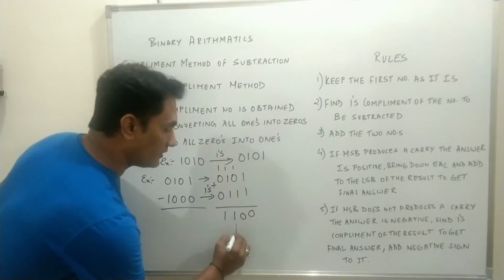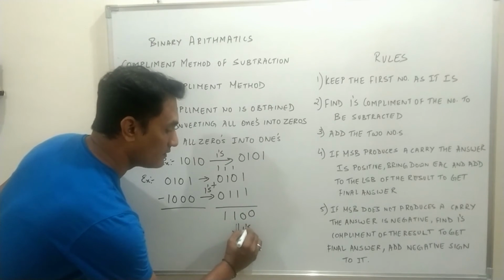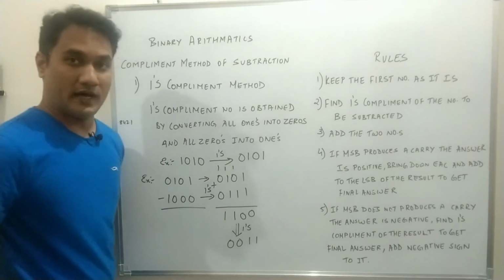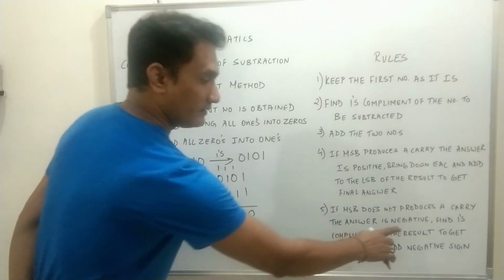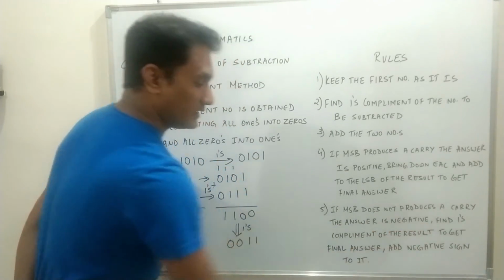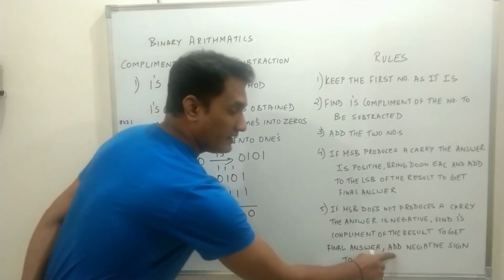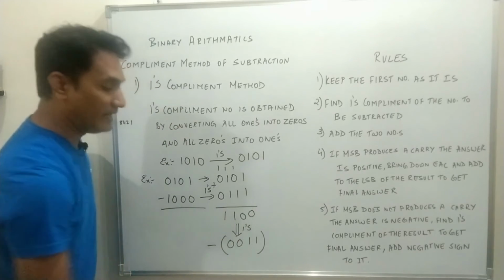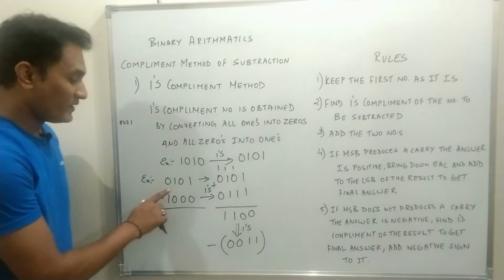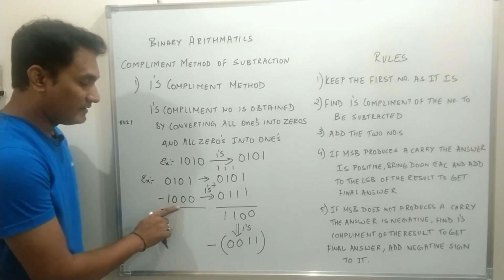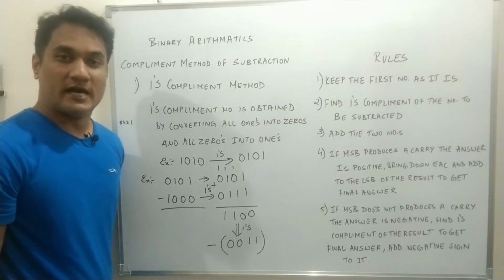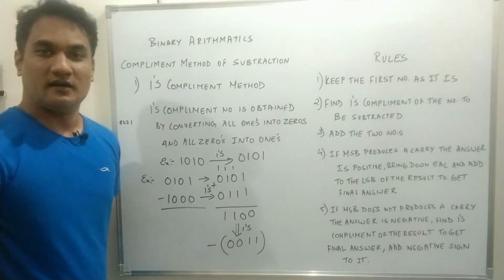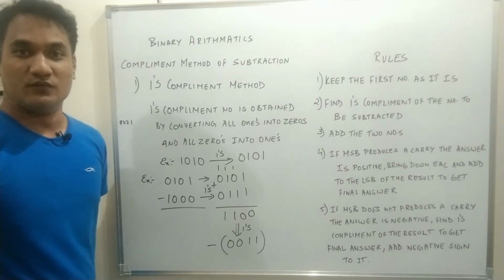So 1s complement of this number will be 0 0 1 1, correct? Add negative sign to it. So take it in a bracket and add negative sign to it. So 5 minus 8, the answer is minus 3. I hope the picture is clear now.